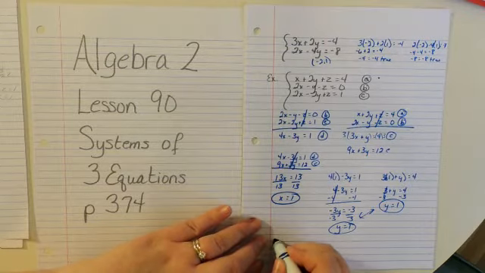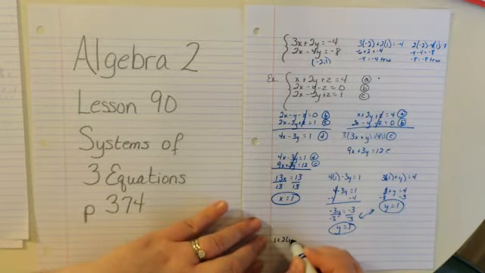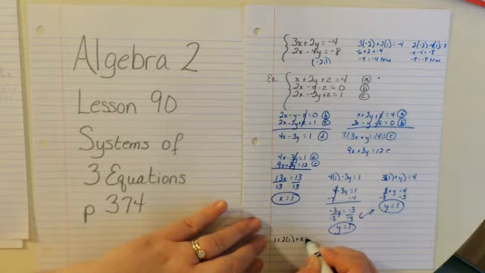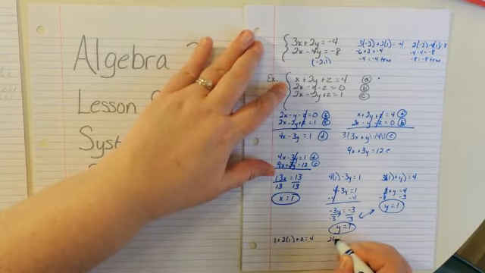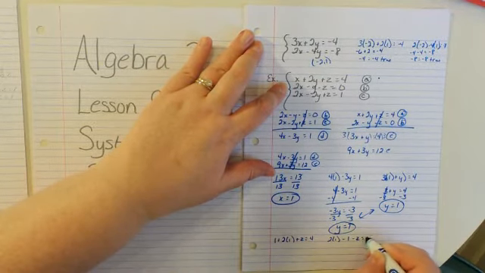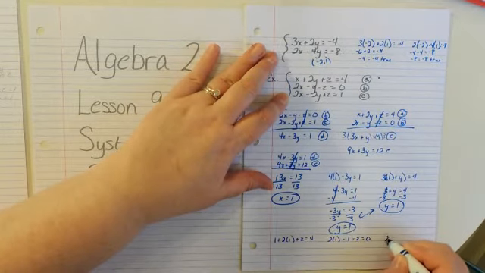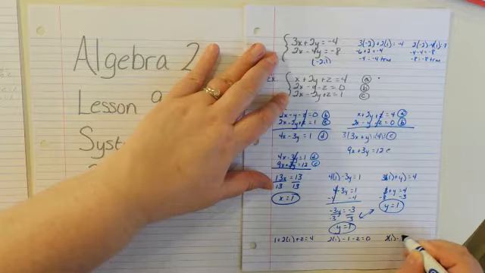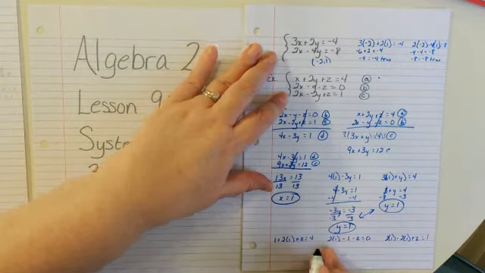So for A, we've got 1 plus 2 times 1 plus z equals 4. For B, we have 2 times 1 minus 1 minus z equals 0. And for C, we have 2 times 1 minus 2 times 1 plus z equals 1.